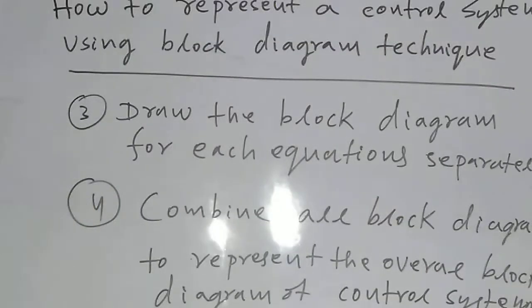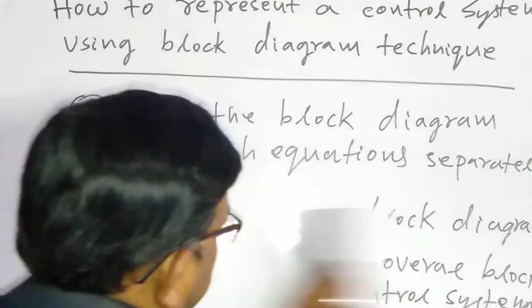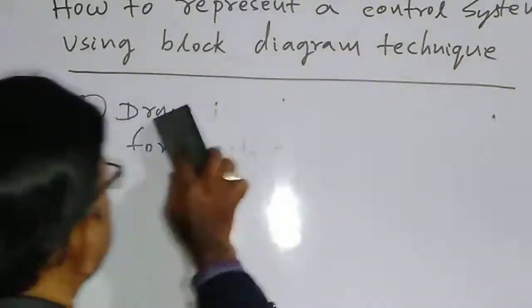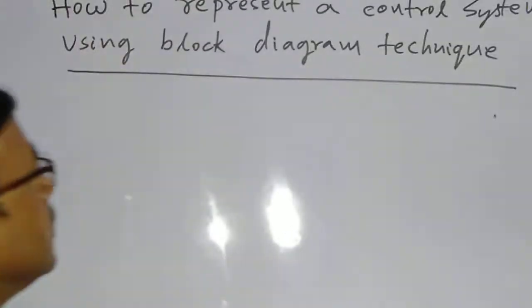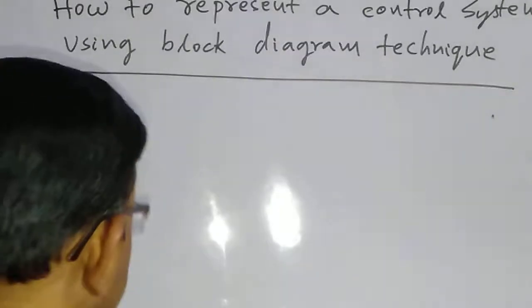So these are the steps to follow how to represent a control system using block diagram technique.